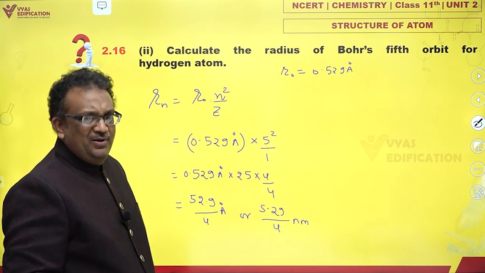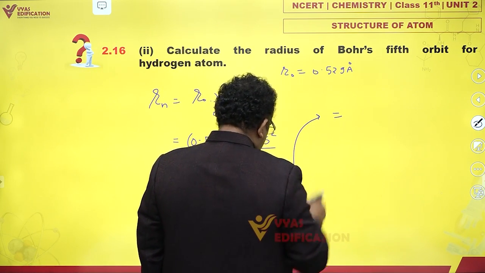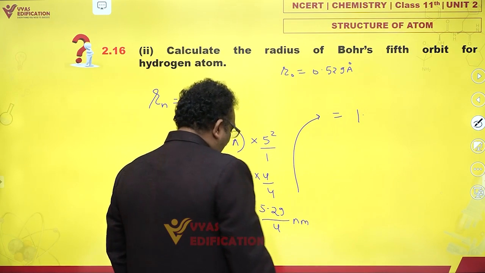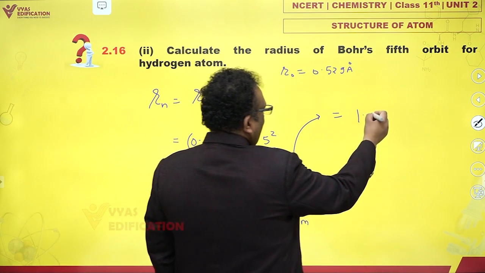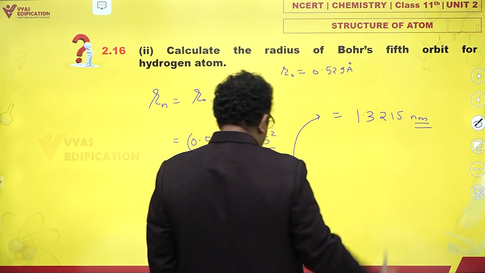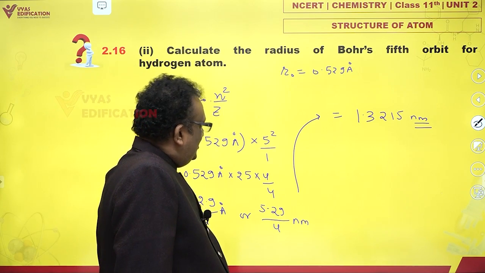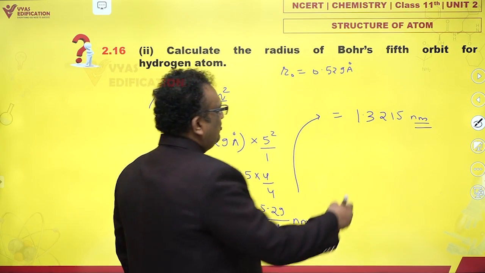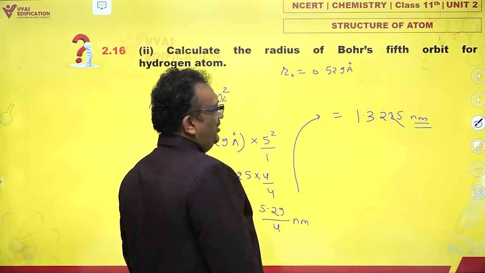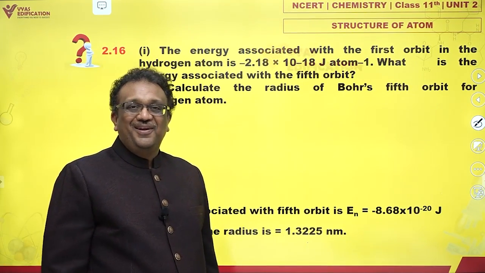Nanometer is more fashionable, we will write it that way. Can I divide by 4? Even if I'm really stupid, I can. So 1.3215 nanometers. Oh wow, is this the answer? Well, that does look like the answer. You can check. A simple answer.